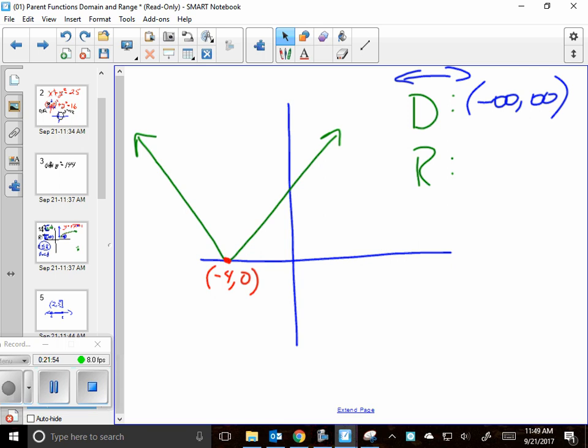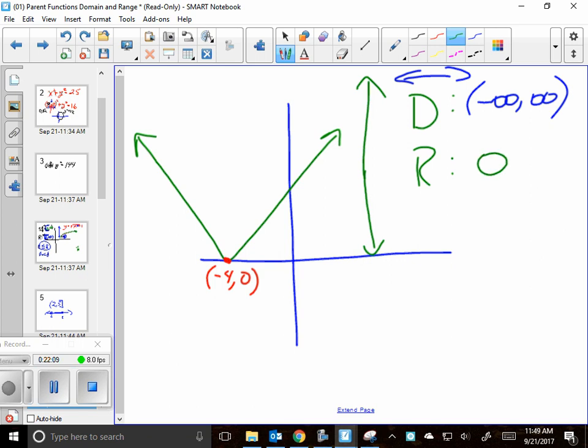Now, how about the range? Does it go forever up and down? No. It goes as low as what, and then as high as what? What's the lowest it goes? 0. A lot of people think it's the 4, but it's not. How low is it? It's at 0. It's 4 to the left. But its lowest point is at 0 to infinity.